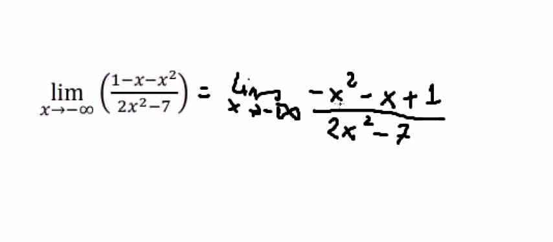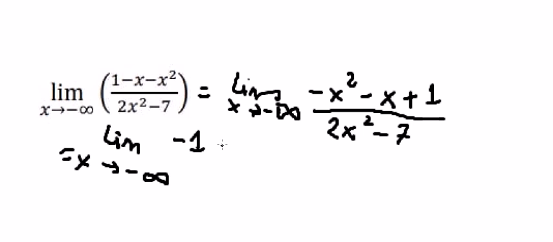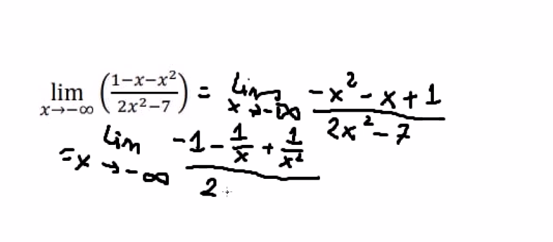Then we divide all numerator and denominator by x squared. So you get negative 1, negative 1 over x, and positive 1 over x squared, over 2 minus 7 over x squared.